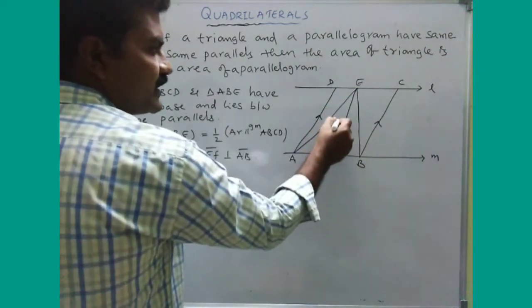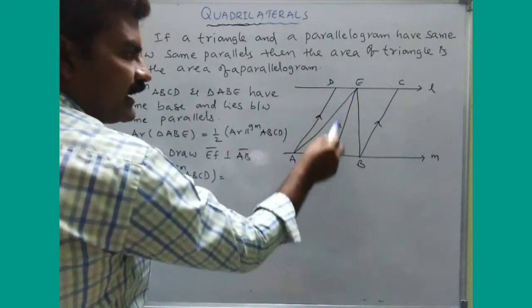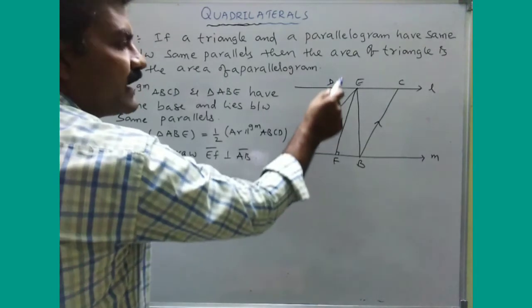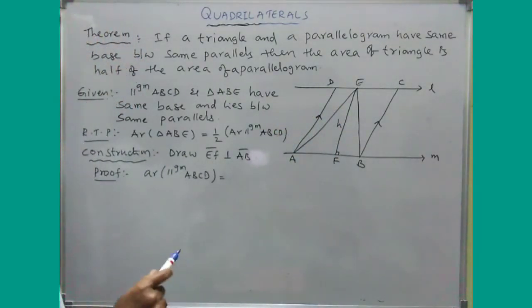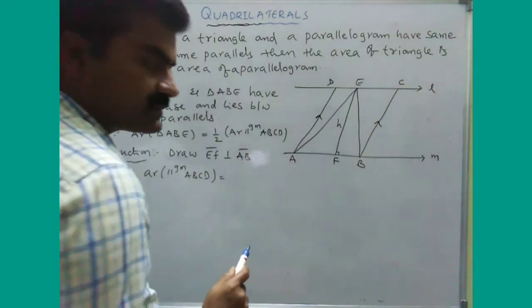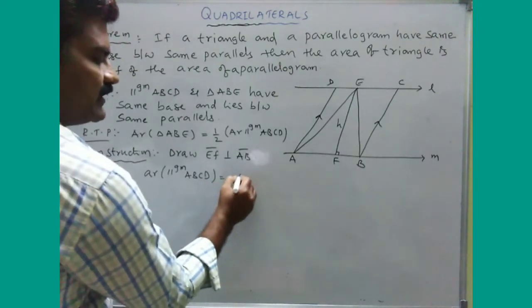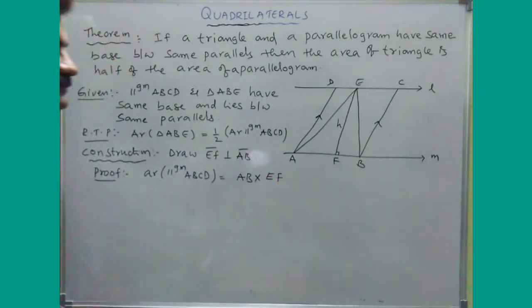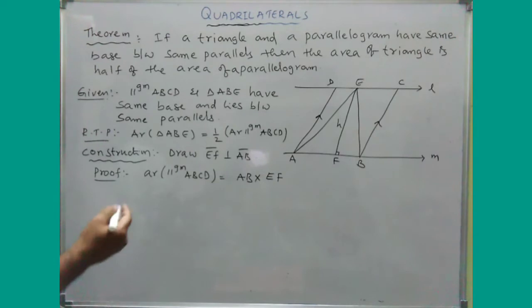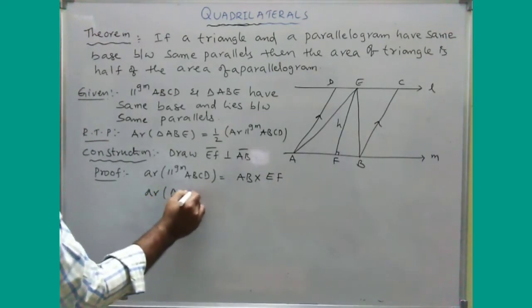Here this perpendicular line is nothing but the height, which is the height of the triangle as well as the height of the parallelogram, since both lie on the same parallels. So I can write base into height EF. And what about the area of triangle ABE?